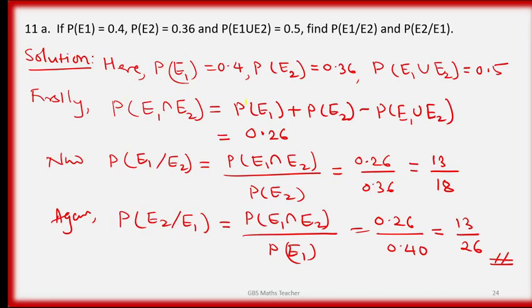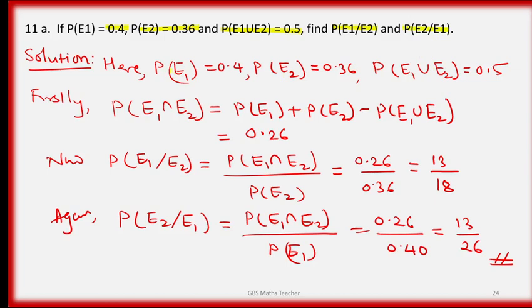Now question number 11. This is a very good question, dear students. We have given probability of event E1 is 0.4, probability of E2 is 0.36, probability of their union is 0.5. Find the conditional probability of E1 when E2 has already occurred, and probability of E2 when E1 has already occurred.